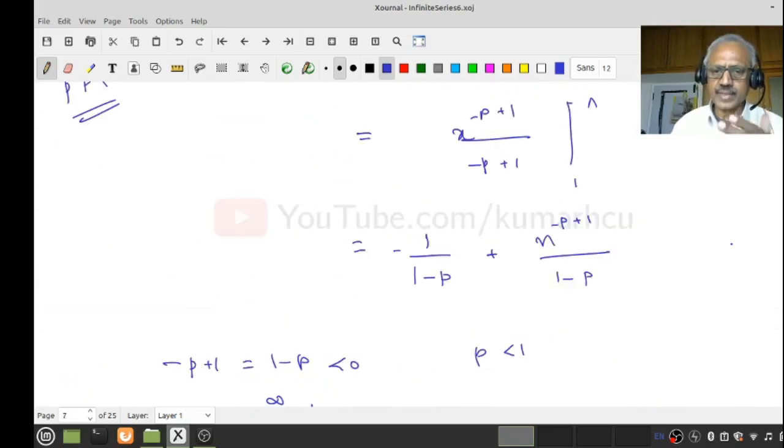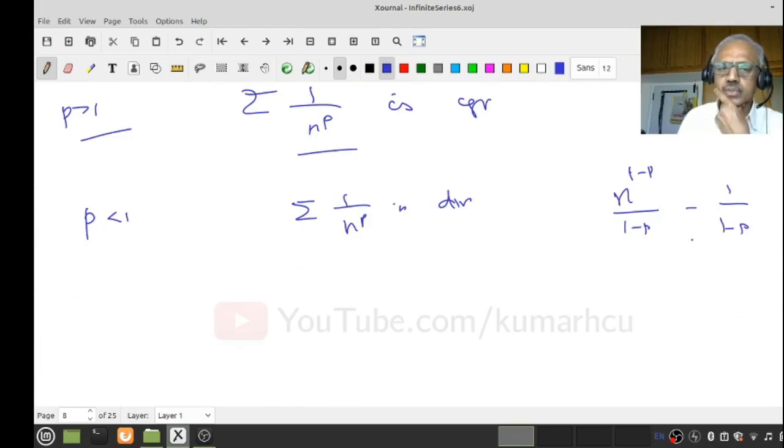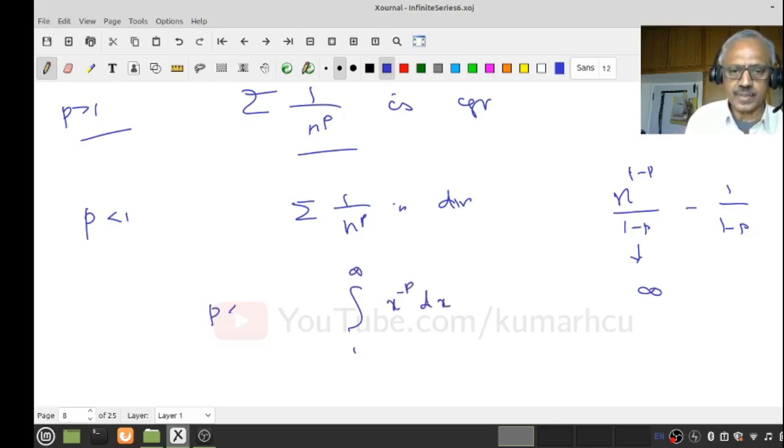So if p is less than 1, 1 minus p is positive, therefore n to the power this will go to infinity. This diverges to infinity, therefore the integral from 1 to infinity of x power minus p dx for p less than 1 diverges, and therefore this series is also divergent.